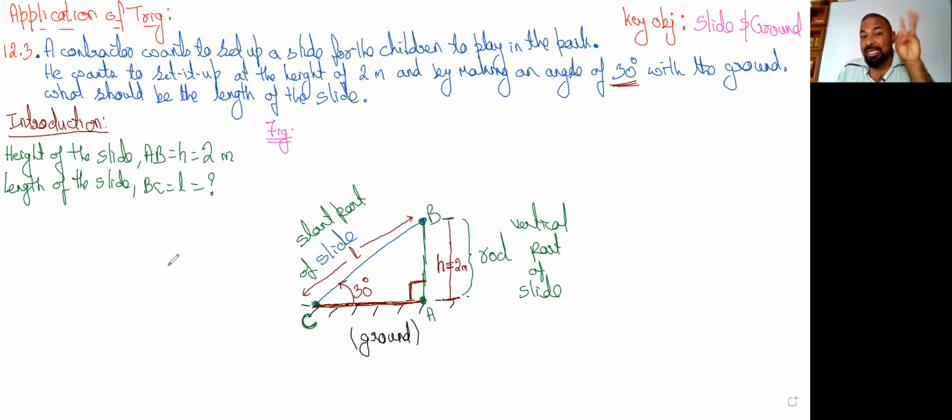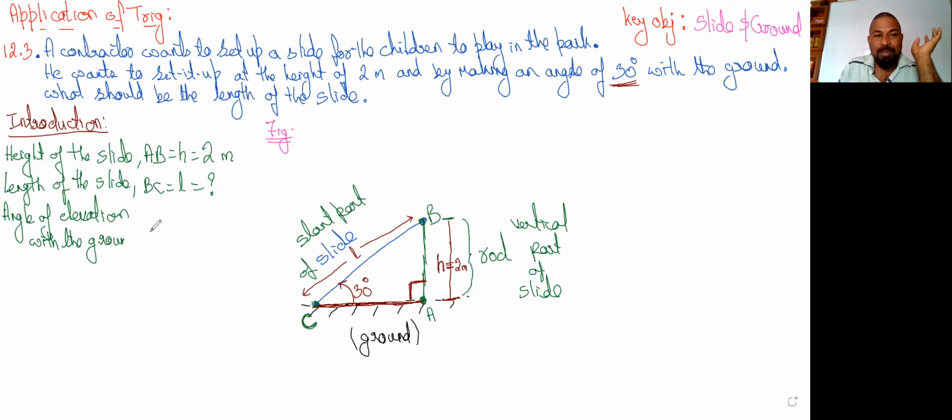Now, the third keyword is nothing but angle of elevation. Angle of elevation with the ground. That's the main point. With the ground. Angle of elevation with the ground, it's nothing but angle ACB, theta, is equal to 30 degrees.